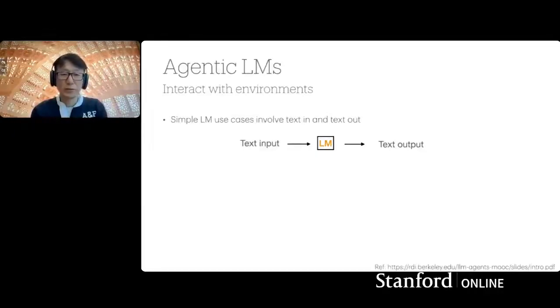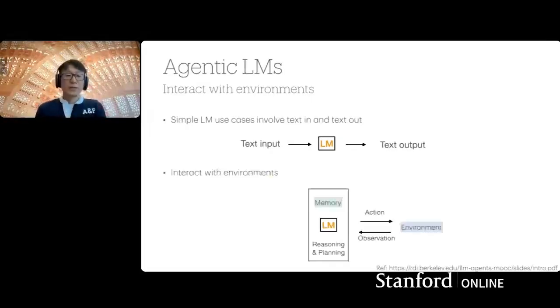Compared to simple language model usage, which is text input and text output, agentic language model usage could be where the language model does something with the environment by generating tool usage or retrieval requests, and then from the environment, anything outside of the language model could provide an output, an information, that can be fed back to the language model as an observation.